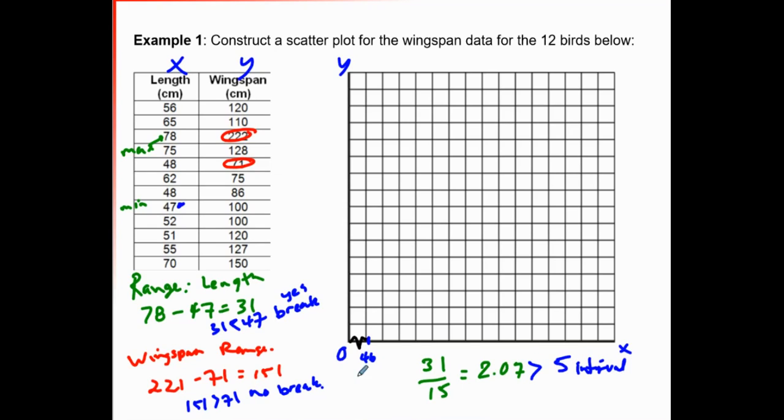All right, so if we went by 5s, because 2 just didn't work out too bad. So if we start at 45, then we go 50. Now I'm not going to write the 50 because I'm going to get too crowded here. Well, I'll write 50 and then I'll go up by 10s. 60, 70, 80.